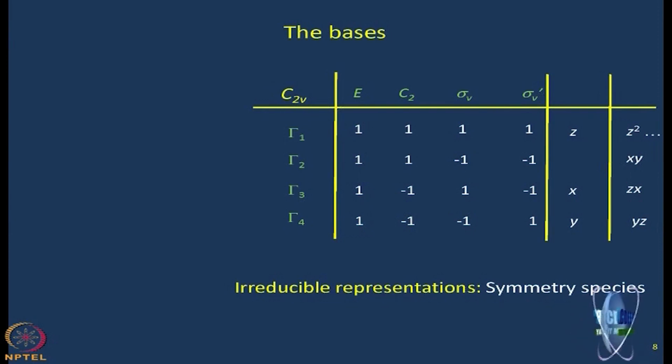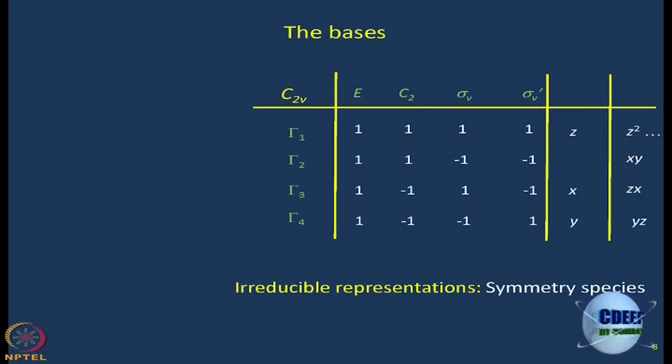When C2 operates on x square, you have to make it operate twice. C2 operates on x to give you minus x, and then again C2 operates on the second x to give you minus x. So, what is minus x into minus x? Plus x square. So, what is the character? 1. Same will hold for sigma v dash as well. So, x square also belongs here, y square also belongs here.